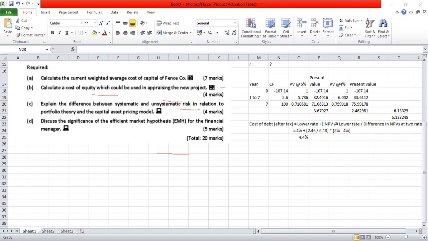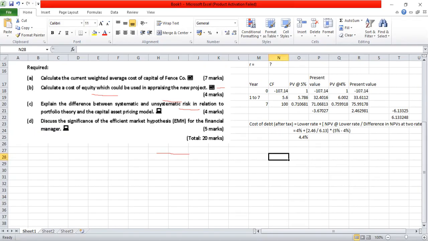Now when we use the cost of debt equation also, how do we find out what is the present value? The present value is based on the expected future cash flows. That's the logic there. Okay, so now we got it to be 4.4%.